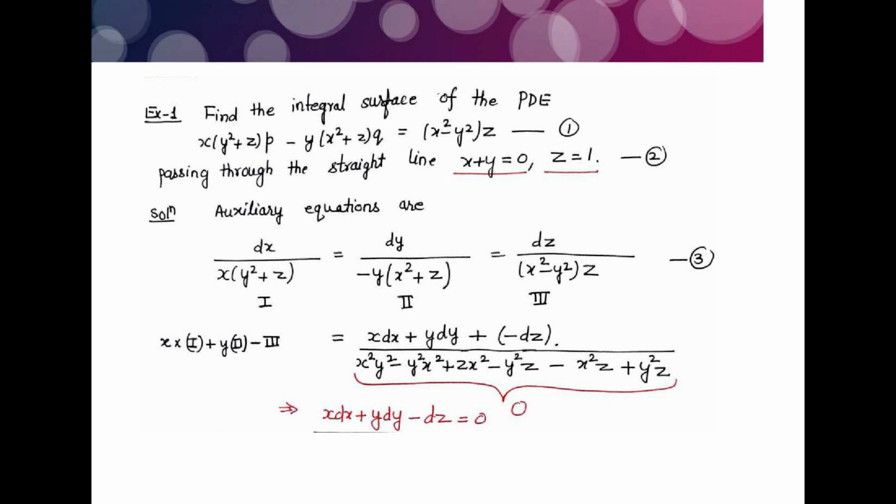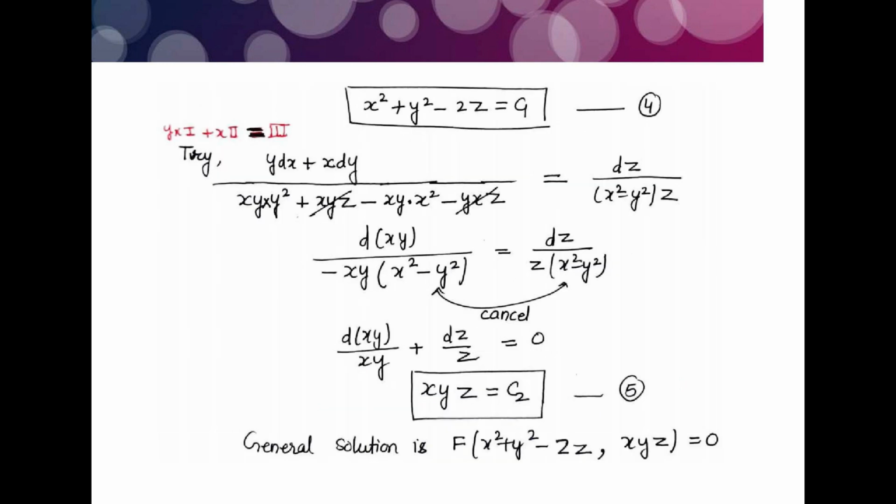You can compare these two ratios also, that x dx plus y dy is equal to dz also, and in this case the denominator of this combination is 0. So it implies that the numerator part is also 0. So the first one is x dx plus y dy minus z dz equal to 0.